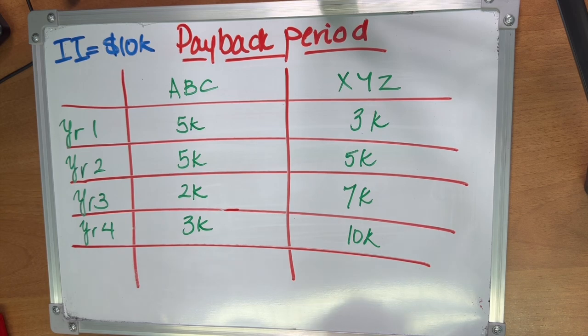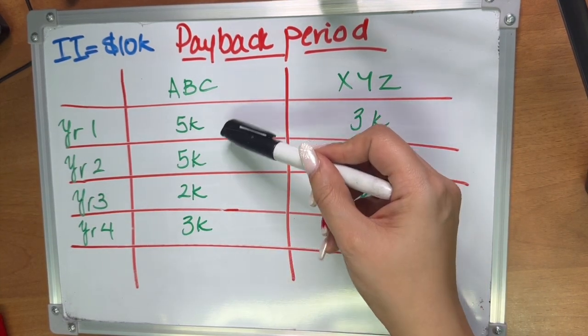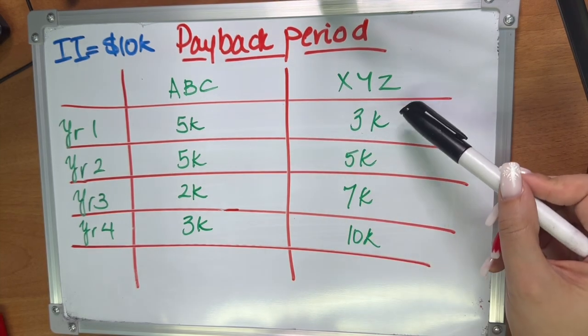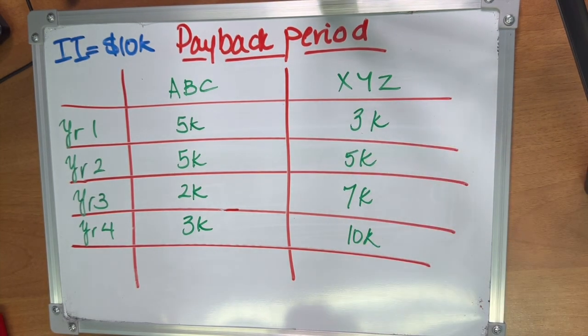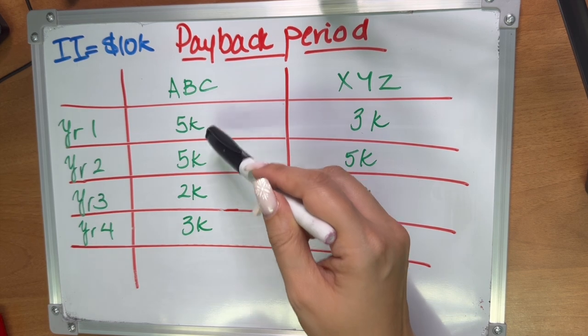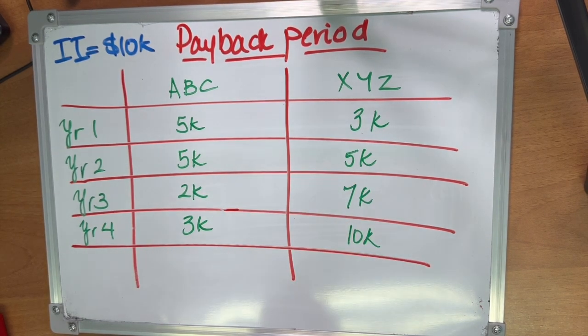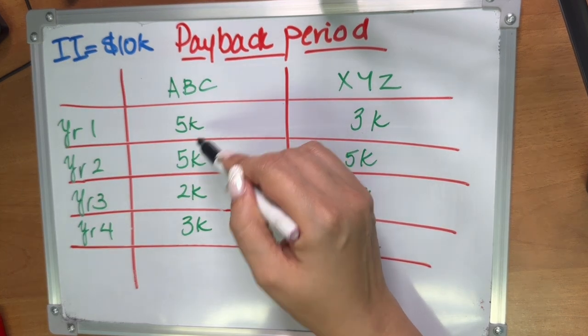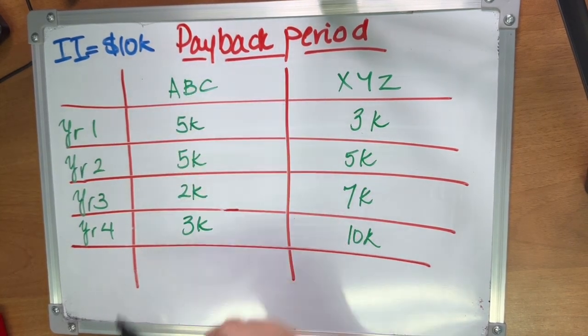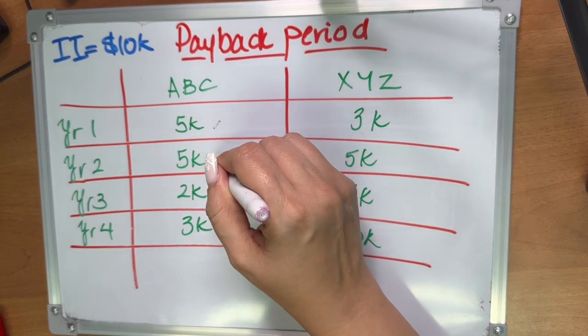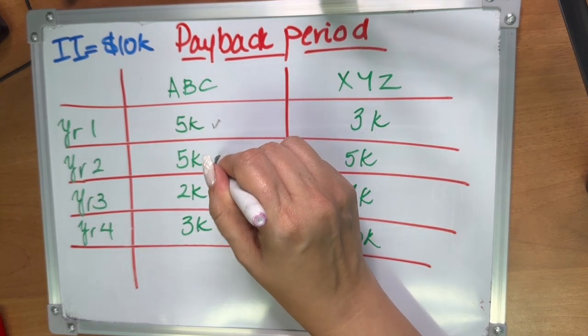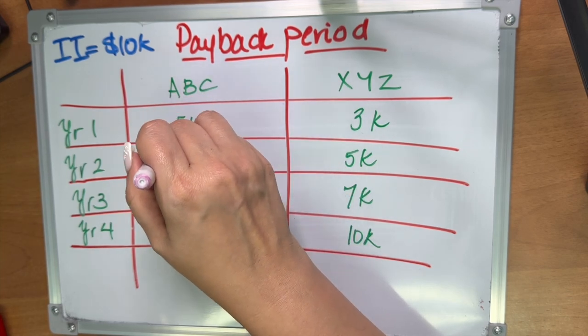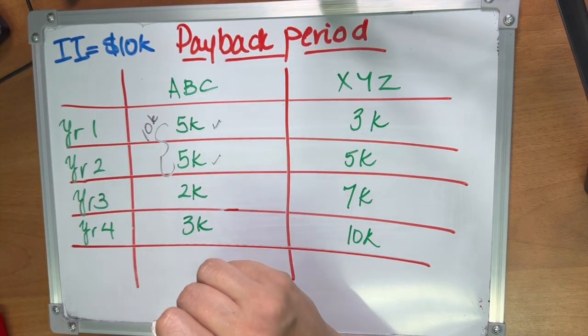Okay, so let's start by looking at the payback period. Now, let's say that we had an initial investment in both projects of 10,000. And these were the cash flows from year 1 to 4 for ABC and year 1 to 4 for XYZ. I need to know in what year I'm getting my money back. So for ABC, the first year I get 5,000 back. So how much remains from the 10,000? Another 5,000. So by the end of year 2, I'm getting my 10,000 back, okay?